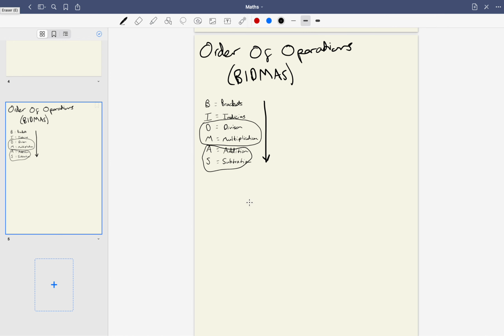When you've got an equation, let's say you've got 3 plus 5 squared plus 2 times 4, you need to look at which part of the equation you would do first in order to get the right answer. So, do we have brackets? Well, yes we do. That means we have to do what's inside the bracket first.